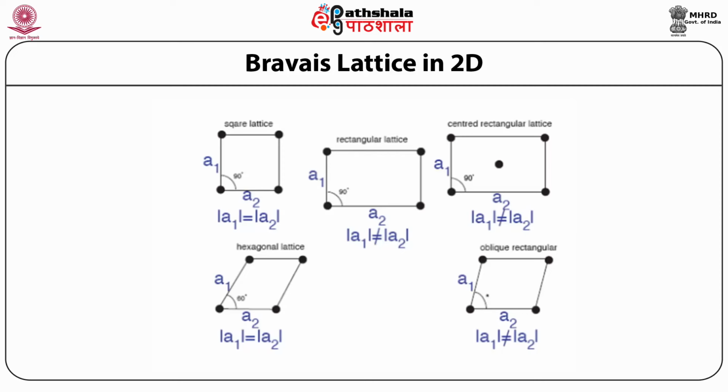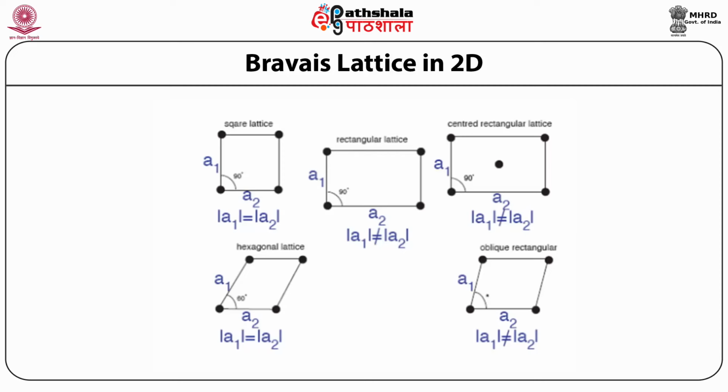This kind of lattice is called a square lattice. In another type, the angle between A1 and A2 remains 90°, but they are not the same in magnitude, A1 is different from A2. That's a rectangular lattice. The name of the lattice is the shape of the lattice.